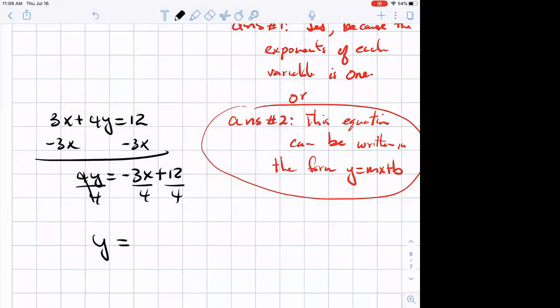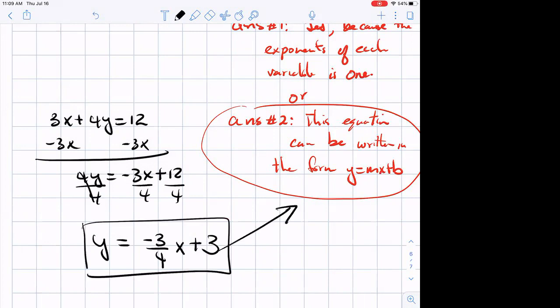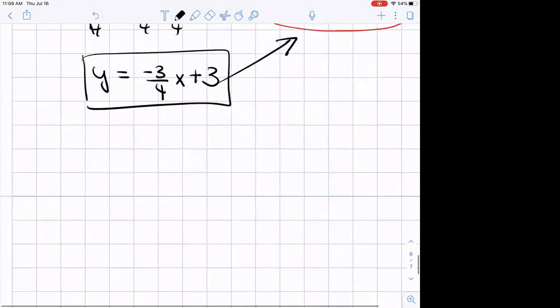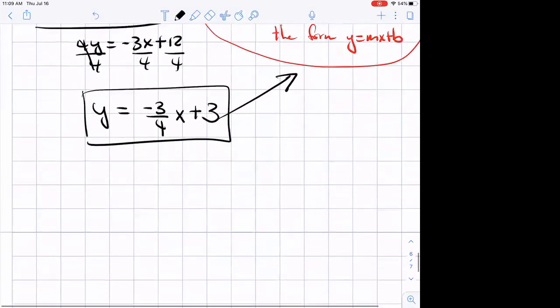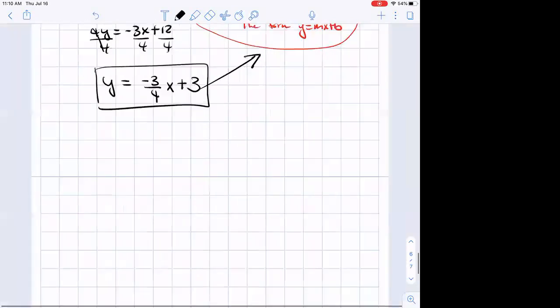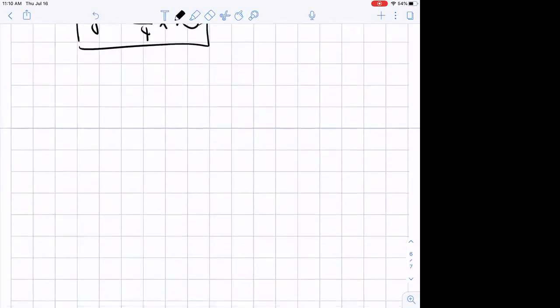So y is equal to minus 3 over 4 x plus 3. This is linear. Okay? Any questions? No. Okay, so those are the only 2 answers you can give for linear, guys. Those are the only 2 things you can tell. Then we have nonlinear.